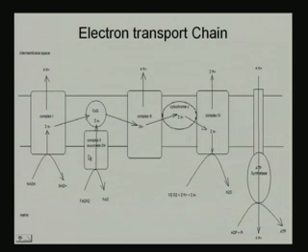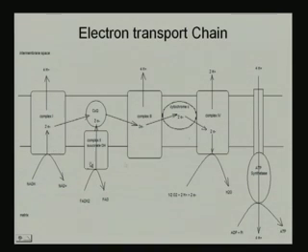As I have already discussed, succinate dehydrogenase is the enzyme mainly responsible for transferring the electron from FADH2 to the electron transport chain, that is the ubiquinone, and it is present in the inner mitochondrial membrane. That means complex 1, complex 3 and complex 4 are on one side and complex 2 is present in the inner mitochondrial membrane.